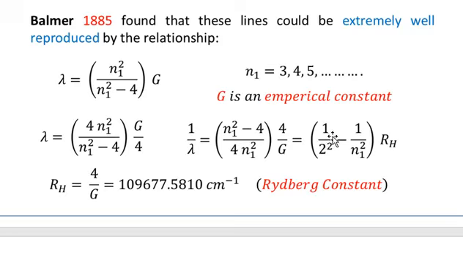So this formula, which I have written as 1 over 2 square minus 1 over n1 square, where n1 starts from the value of 3, 4, 5, and so on, is referred to as the Balmer formula, and the series of wavelengths generated by this formula is called the Balmer series. Later we shall see that if you use a different value in the first place, that is, the square of 2 is replaced by the square of 1, or by the square of 3, 4, or 5, then of course you will give them different names.